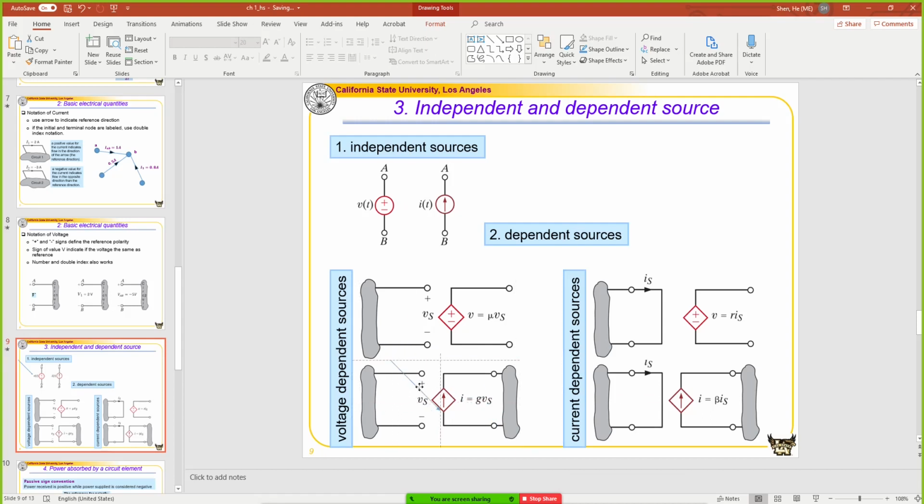All the dependent sources use this diamond symbol to represent that this is a dependent source. Similar to that definition, we can call this a current dependent voltage source. It depends on this current Is, right? And this will be a current dependent current source.